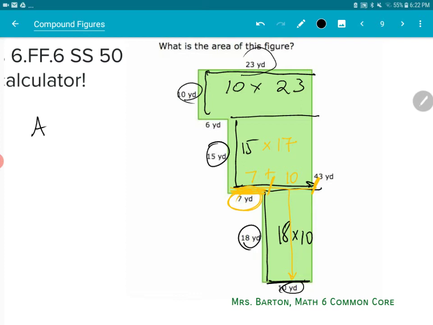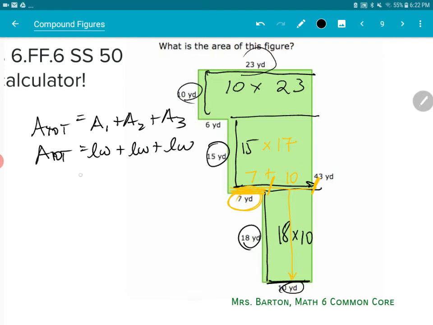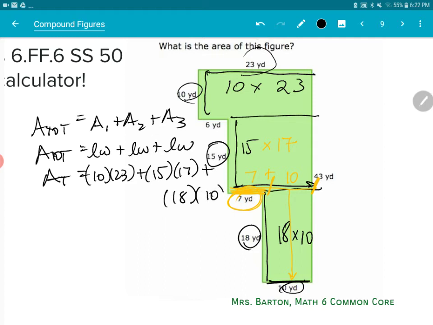Okay, so A total is going to be A1 plus A2 plus A3. And those are all rectangles. And we have a 10 by 23 plus a 15 by 17 plus a 18 by 10.